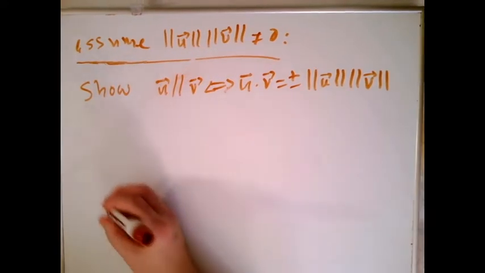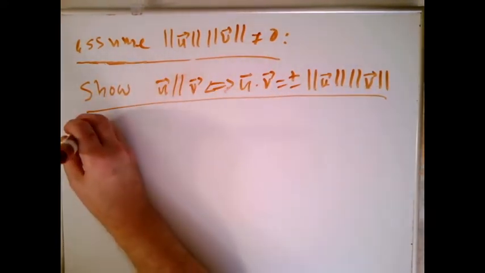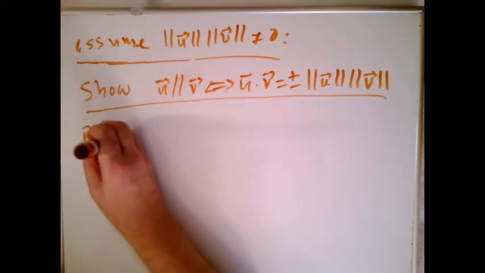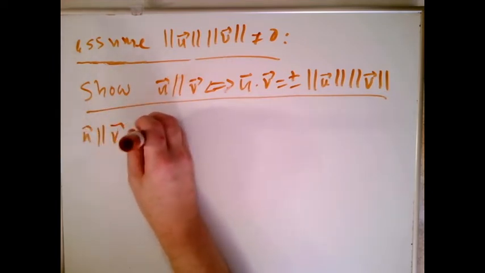Now I'm going to start on the left-hand side and see if I can work my way back. Here we go. u is parallel to v if and only if.